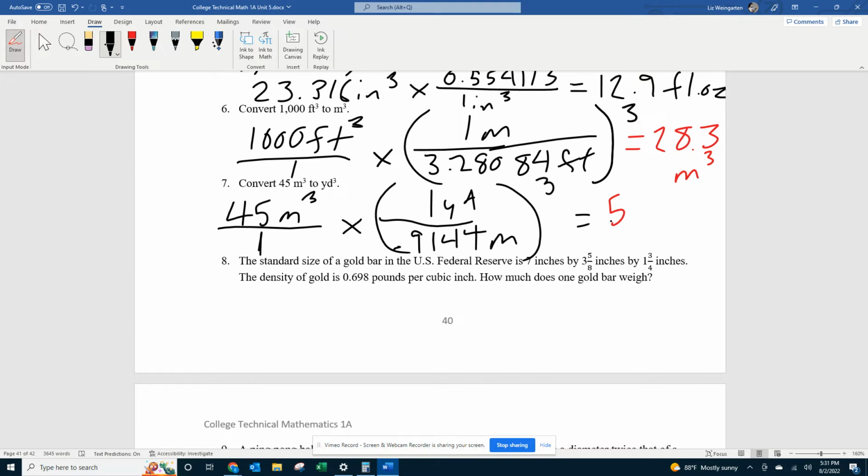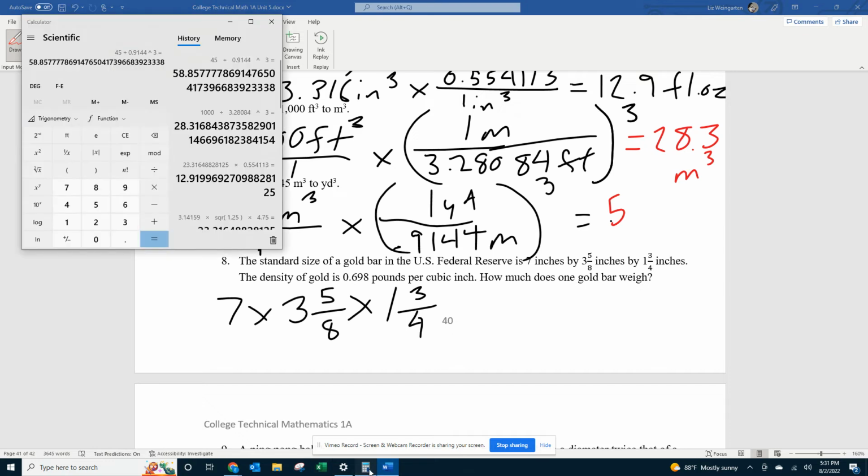So let's start by figuring out the dimensions. We have 7 inches by 3 and 5/8 inches by 1 3/4 inches. So let's take a look at that. 7 times 3 and 5/8 times 1 3/4. Might be easier to convert these into decimals to put them in your calculator.